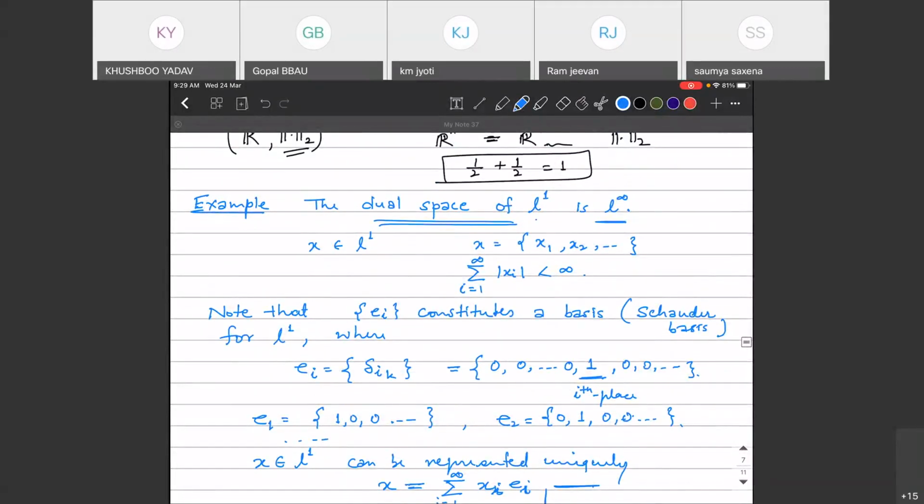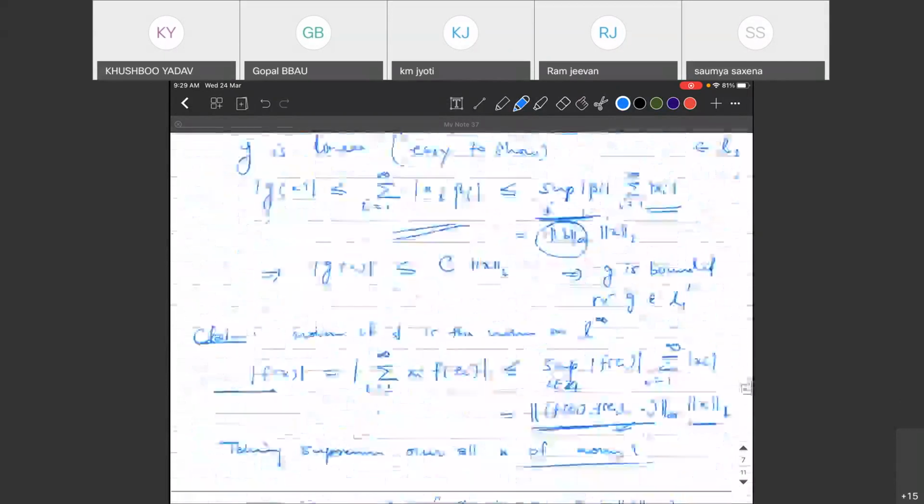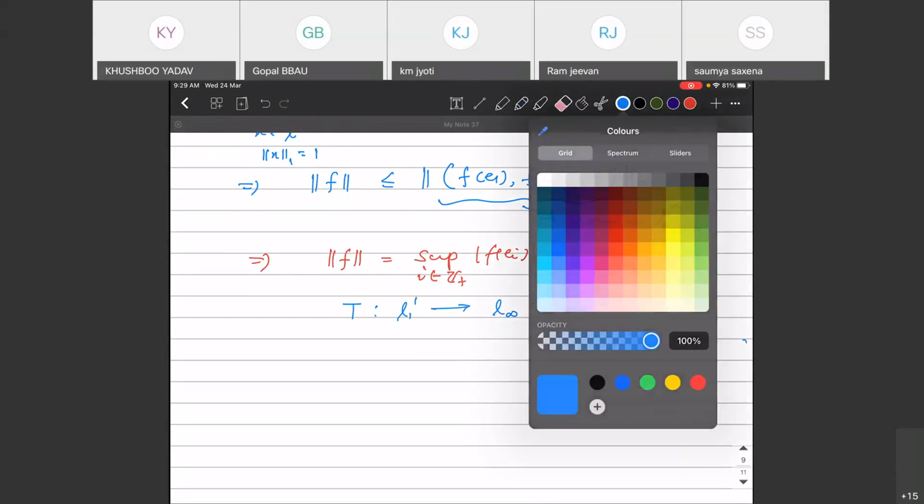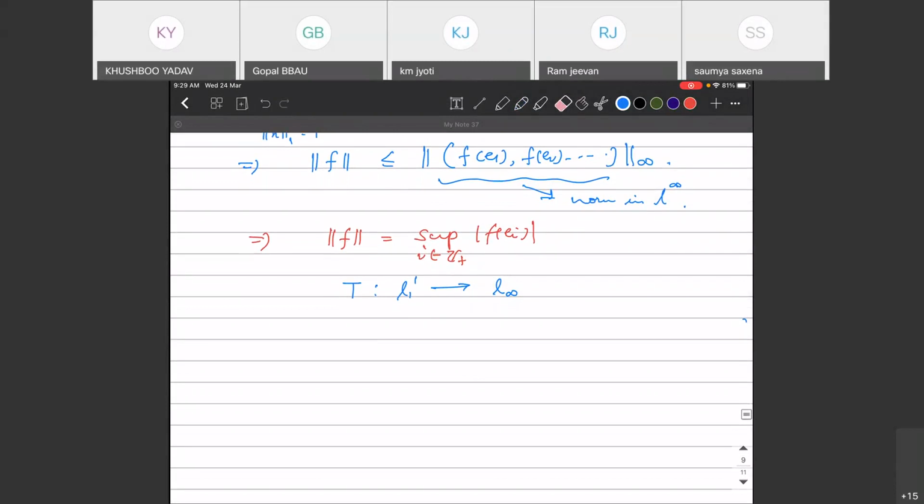So we have to show that the dual space of L1 is L infinity. This means we want to find a map T from L1 prime to L infinity. So this we want to prove.